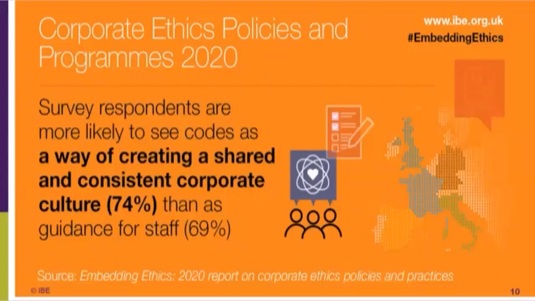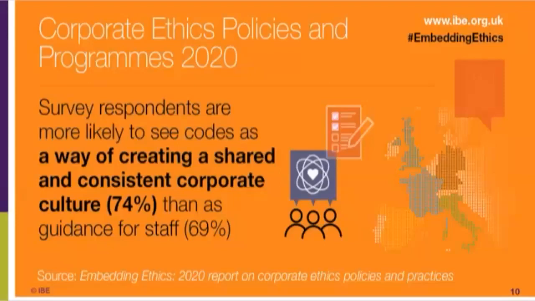This is also reflected in our research and the follow-up interviews we did for this report, because for the first time since 1995, a code is not seen anymore as just a document to provide guidance to staff, but as a way of creating a shared and consistent corporate culture. And actually, a code is also really key for a company's ethics program in general.